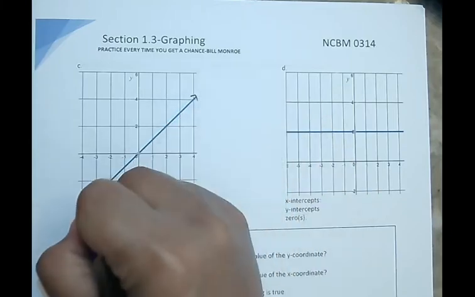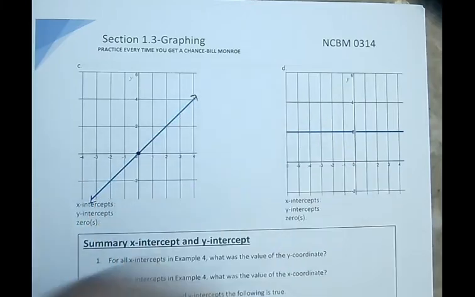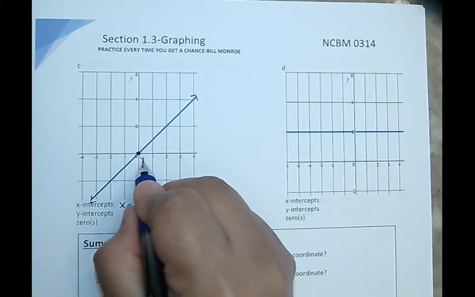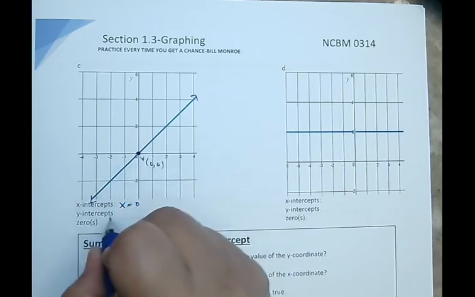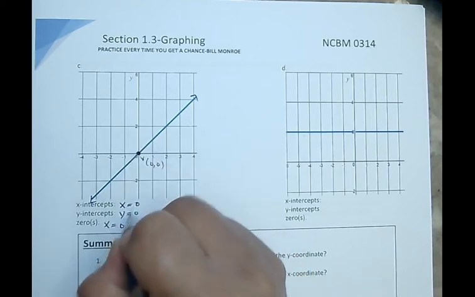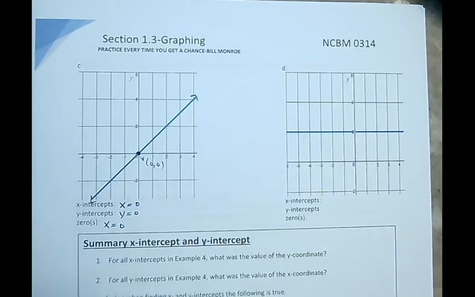So again, here we have this point. So that's where it crosses the x-axis, but notice it also crosses the y-axis. So at x equals 0, that's my y-intercept. And at y equals 0, that's going to be my x-intercept. So my zero is the same as the x-intercept at x equals 0.